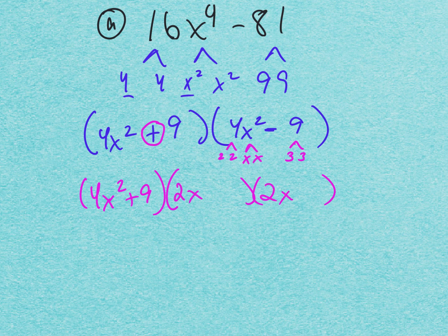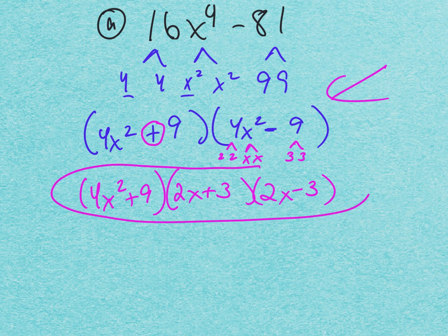And what's going to go at the back of each parenthesis? 3's. Good. And then what are my signs? Plus and minus. Notice, guys, in the blue here, those are exactly the same, but what is the difference? One of them has a plus sign, one of them has a minus. If they're perfect squares and there's a minus sign in between, you can break it down. If they're perfect squares and it's a plus sign, you cannot. So just be careful with that.